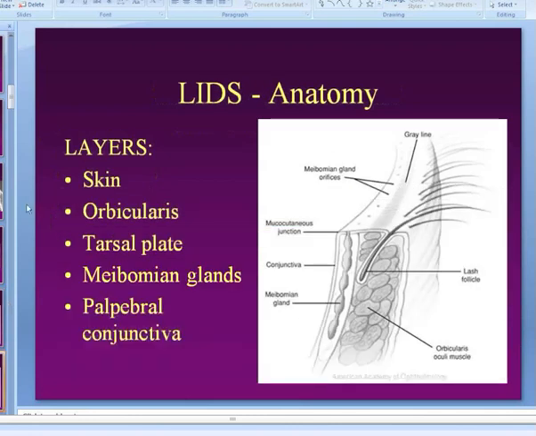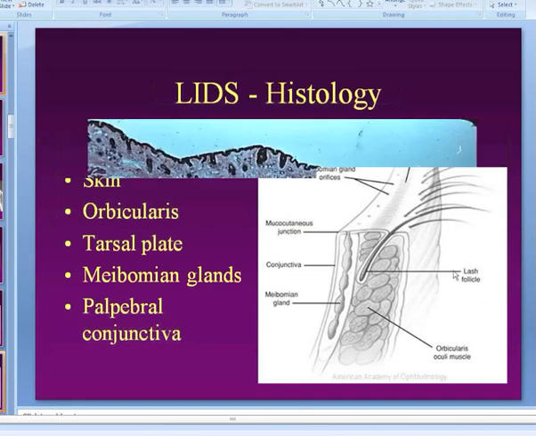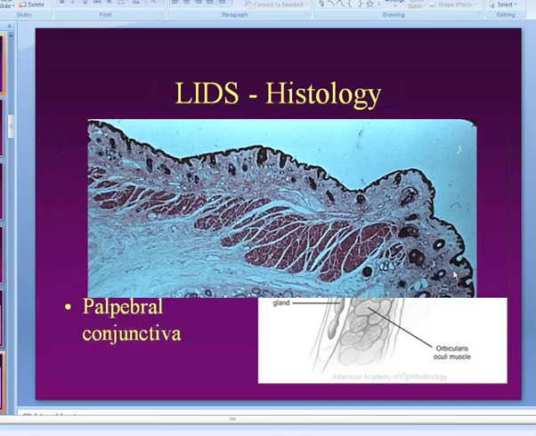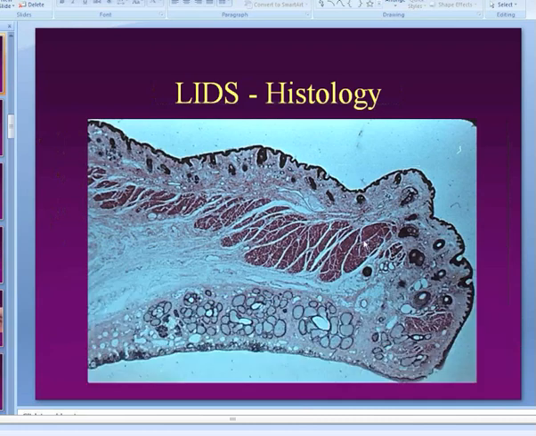Moving on to the lids. The lids are a complex piece of skin. I'll move on to the histo slide to show you exactly what we got going on here. There's skin. There's orbicularis muscle, which allows us to blink.